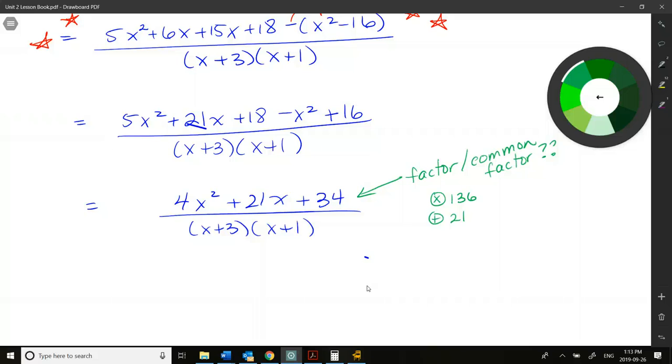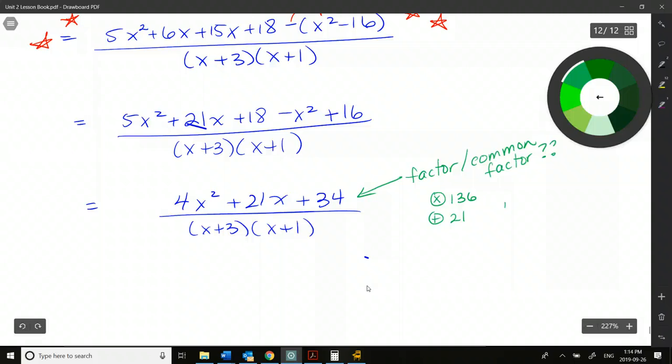You could try 12 and 9, but again, that's 108. So the two closest things, which give me the largest product that add to 21, are 10 and 11. And I'm not getting to 136 with that. 12 and 9 gives me 108. 13 and 8 gives me 104. 14 and 7 gives me 98. So the two things that give me the largest product aren't getting me to 136.